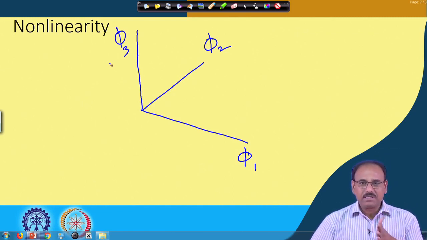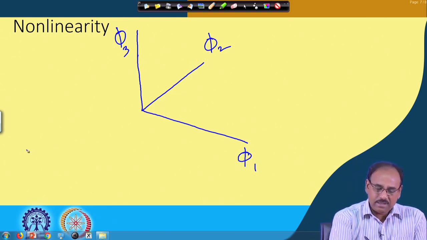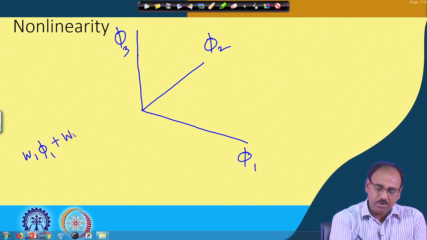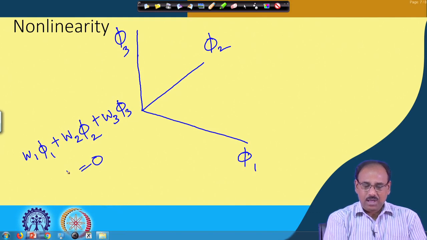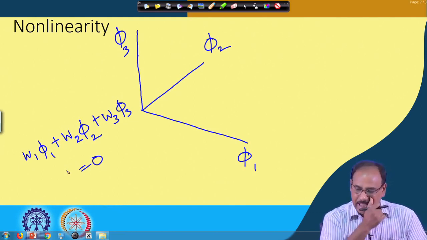And once I have this, you find that the hyperplane in this phi 1, phi 2, phi 3 space can now be written as, say, W1 phi 1 plus W2 phi 2 plus W3 phi 3 equal to 0, right. And now, if you expand this phi 1, phi 2 and phi 3, what do I have?